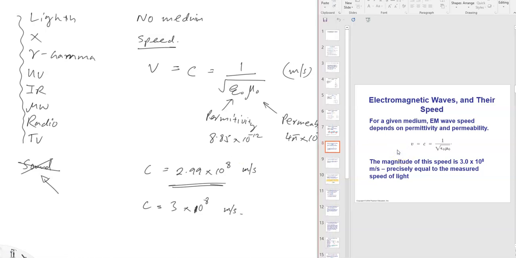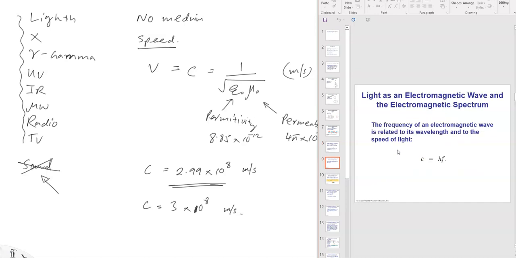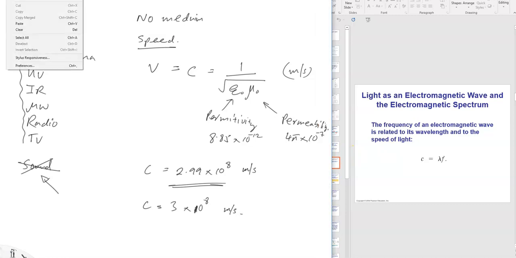All right, what's next? There's an electromagnetic wave, and okay, so now we have the speed. When it comes to a wave, there are certain wave properties. So let's talk about that. How do you represent a wave?